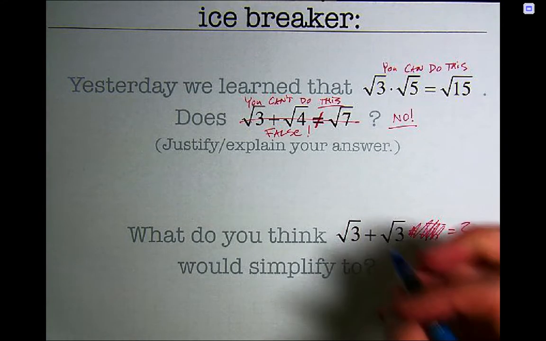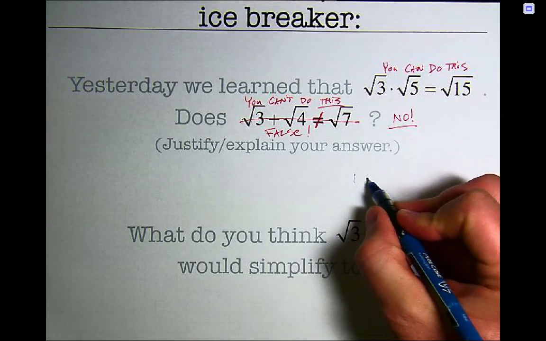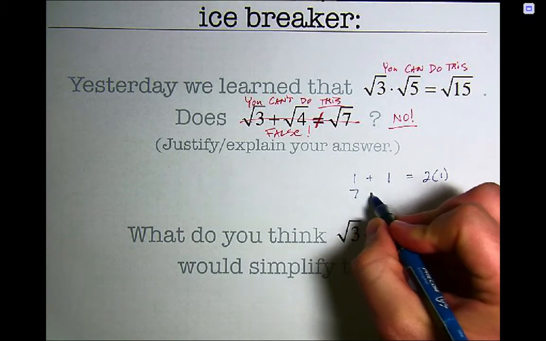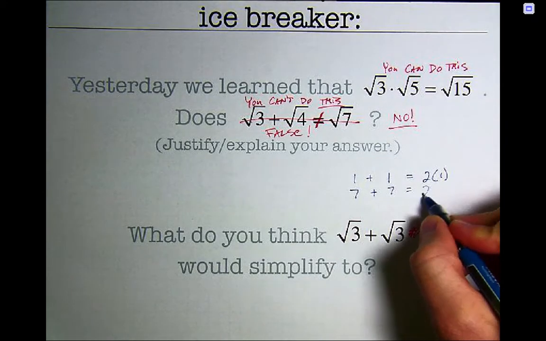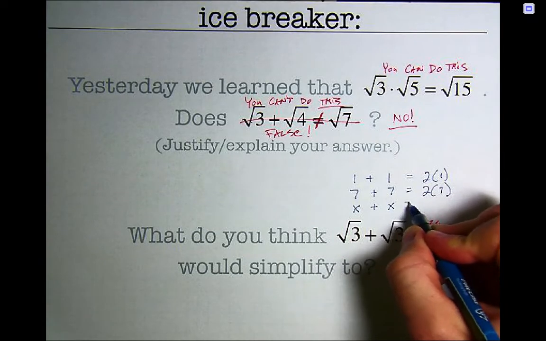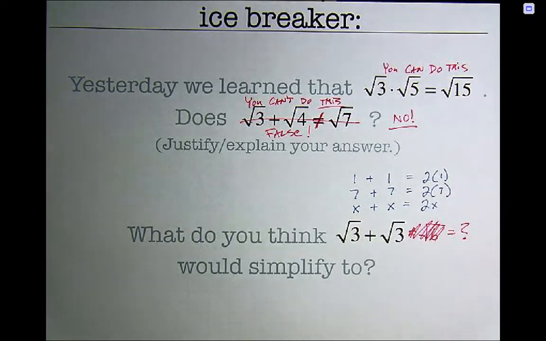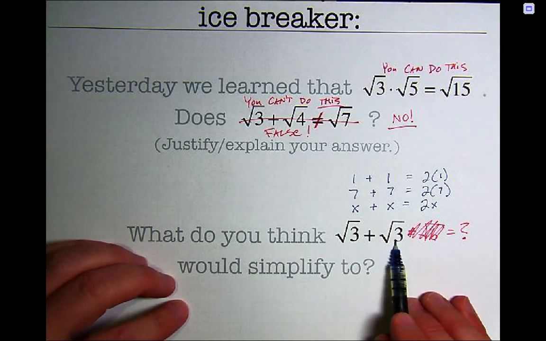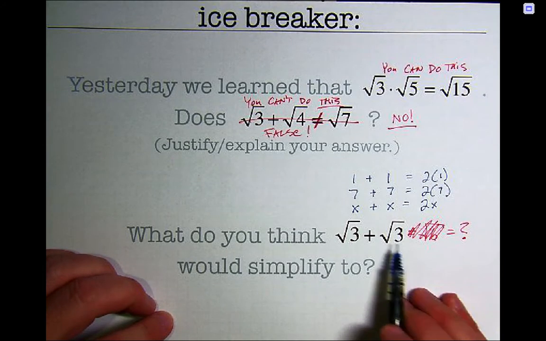In other words, if you had 1 plus 1, what do you have? 2 ones. If you have 7 plus 7, what do you have? 2 sevens. If you have something plus something, you have 2 of that something. And that does work with addition, and it doesn't matter if the somethings are radicals, it still works.